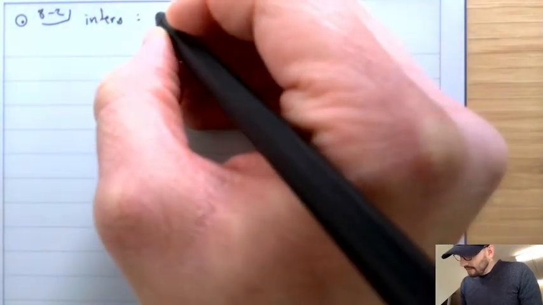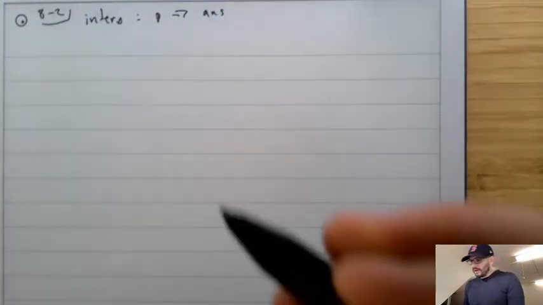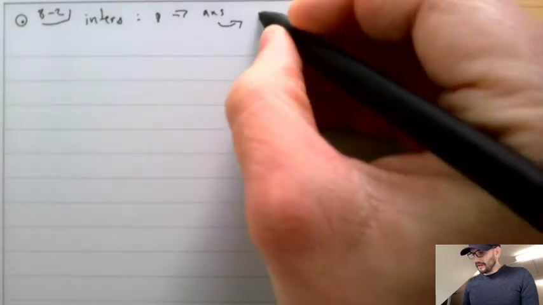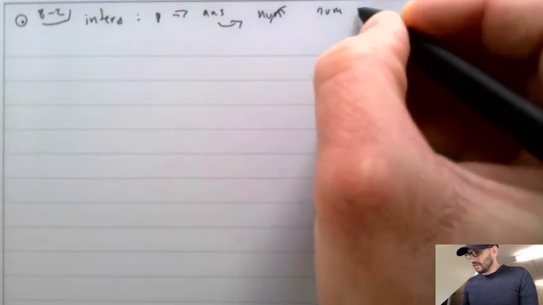All right. So the interpreter takes a program and returns an answer. The set of answers in our language is now bigger. It used to be just a number, and now it's a number or a bool.